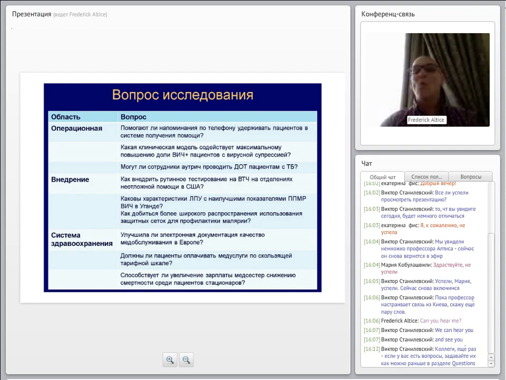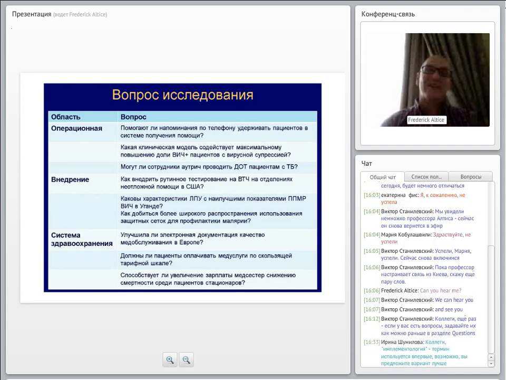Which clinic model, in other words, a polyclinic or a specialty clinic, results in the highest percentage of HIV-positive patients achieving viral suppression? A polyclinic may be less stigmatizing, so many more people may go there, but perhaps the care isn't quite as specialized, so the outcome isn't as good.